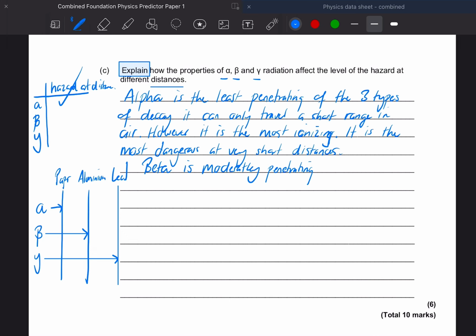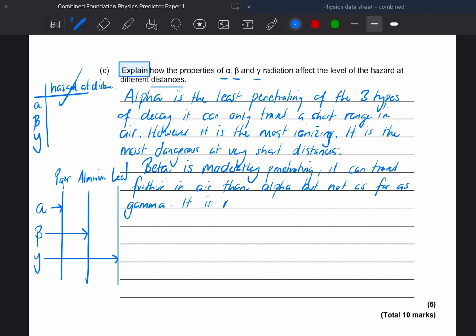It can travel further in air than alpha, but not as far as gamma.